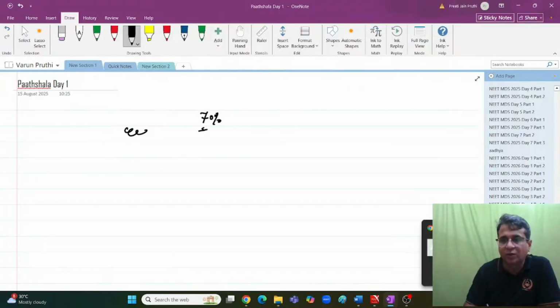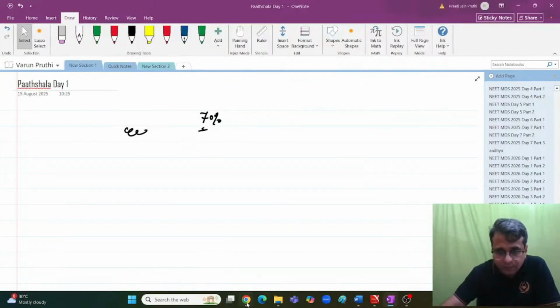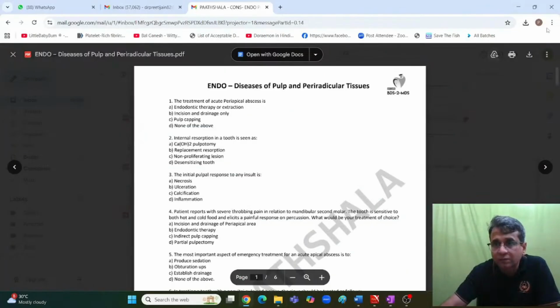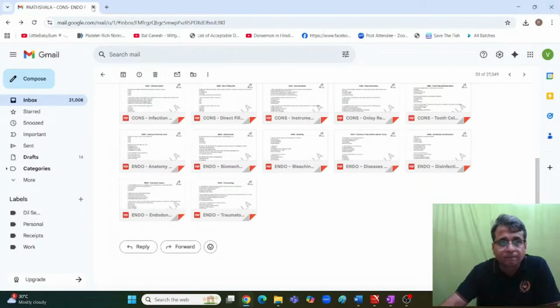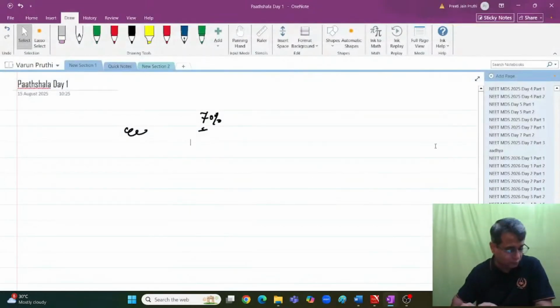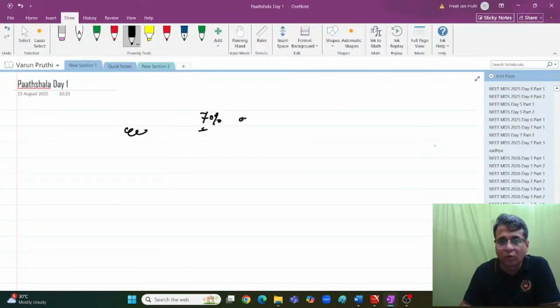70% of the lower molars, lower first molars, will show 3 canal patterns.